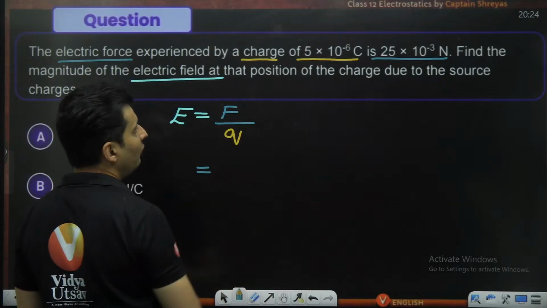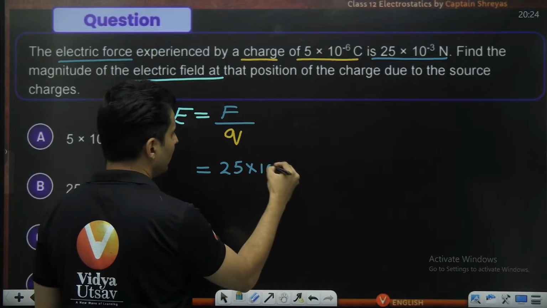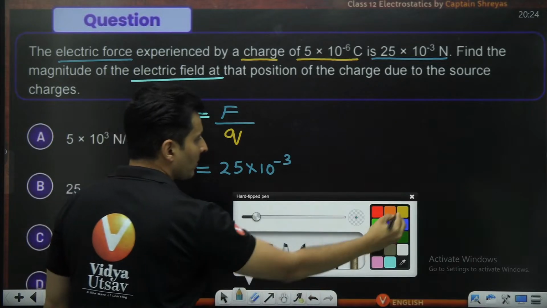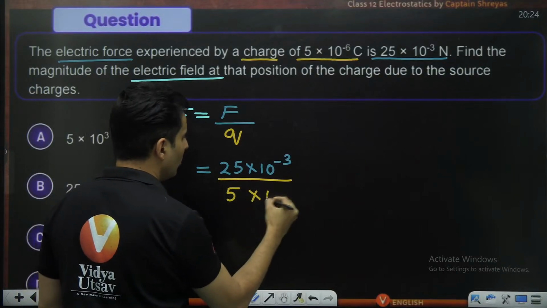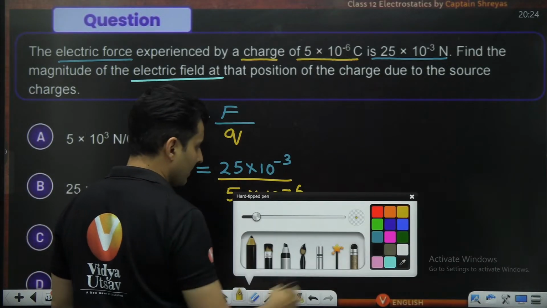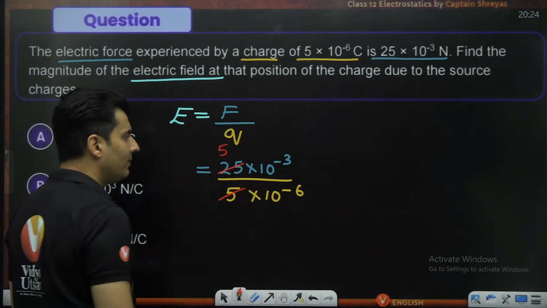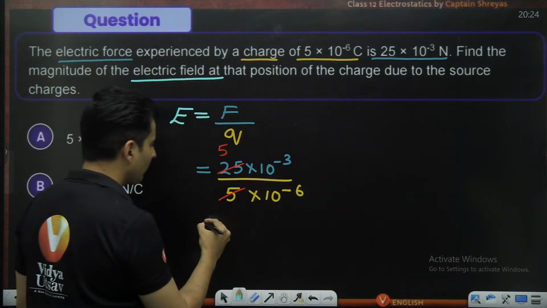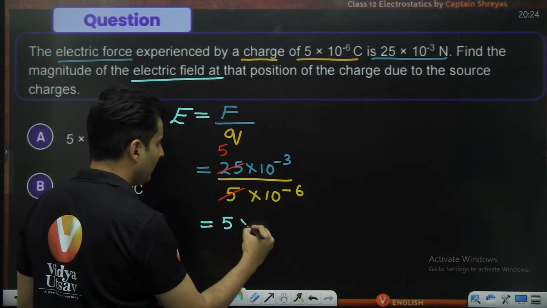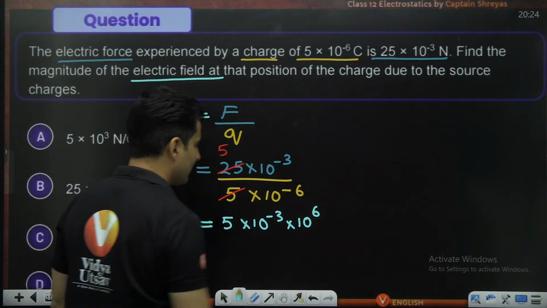We know electric field will be nothing but the force divided by the charge which is being put to test. Okay, so the force value is given as 25 into 10 to the power negative 3. The value of the charge being placed is 5 into 10 to the power negative 6. As you can see, 5 cancels with 25, 5 times. This minus 6, let me bring it on the top. So this will become 5 into 10 to the power minus 3, 10 to the power plus 6.